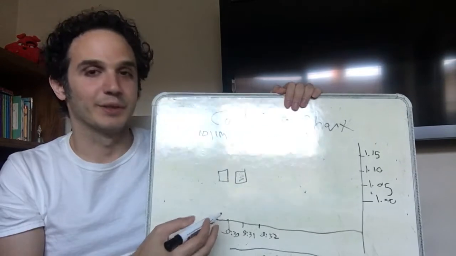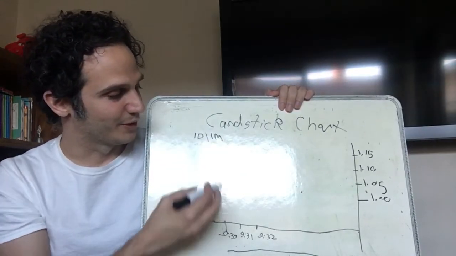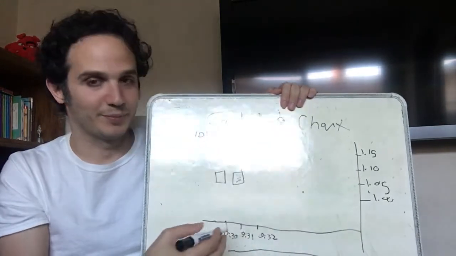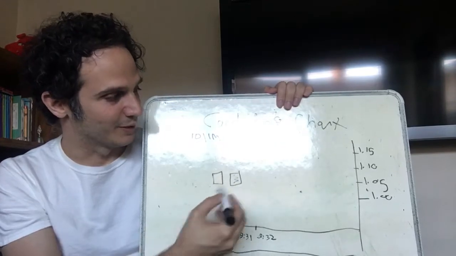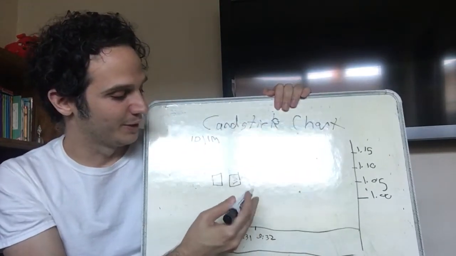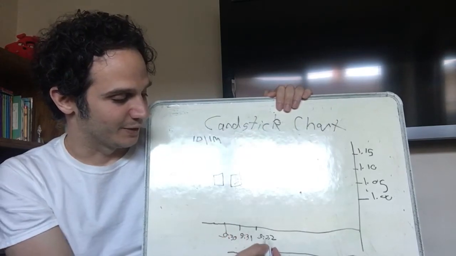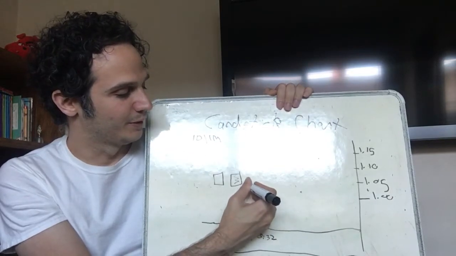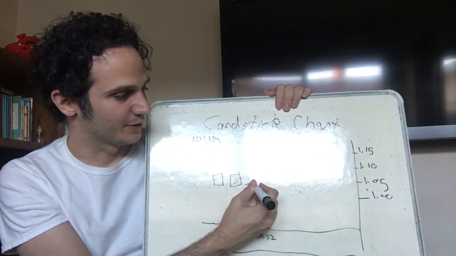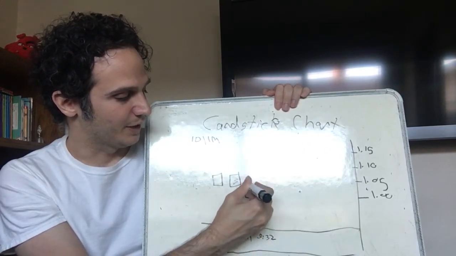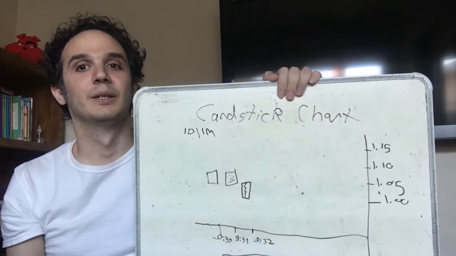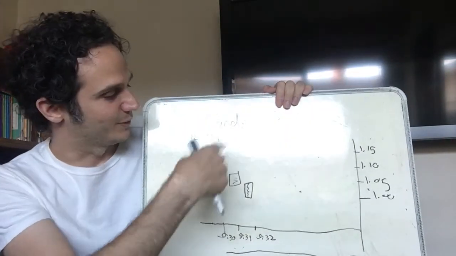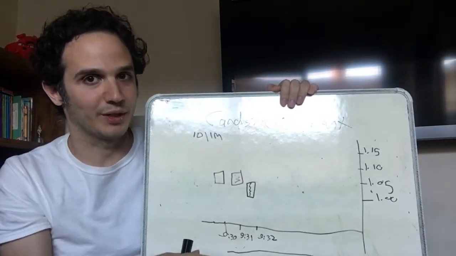So this would represent the opening price, and then at 9:32 the price is back at 105. And then at 9:33 you would start to see a candle forming. So maybe the downtrend continues and it goes down to $100. So this would be a 1 day, 1 minute chart.